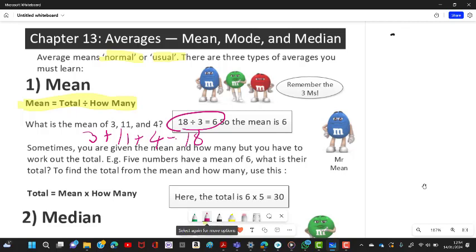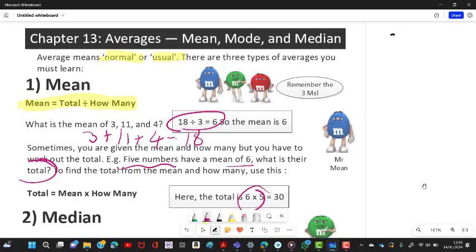You're given a set of numbers, say in this case 5 numbers, and you're given their mean, but you have to work out what their total is. The way you do that is you just multiply together. 5 numbers have a mean of 6. So their total is 5 times 6, which is 30.